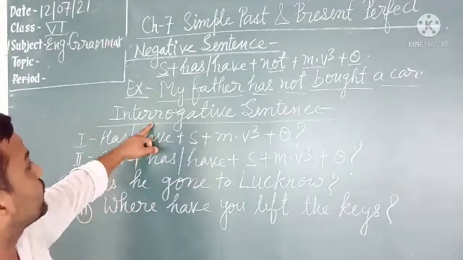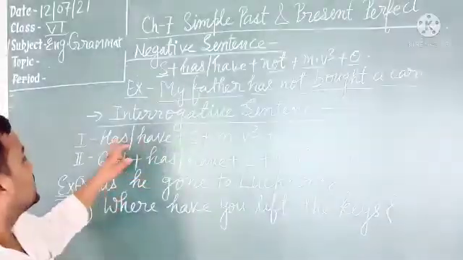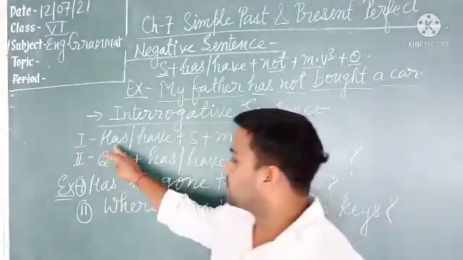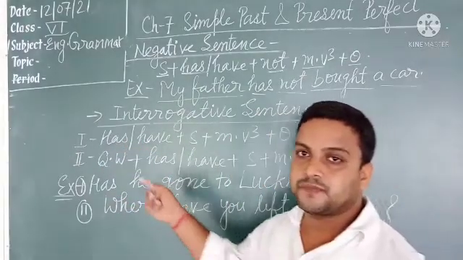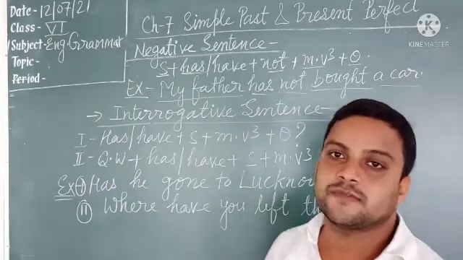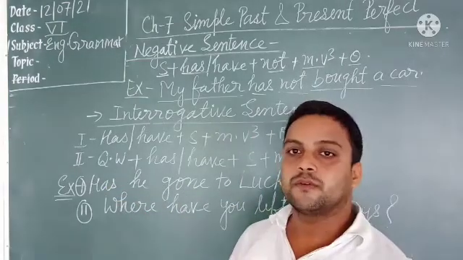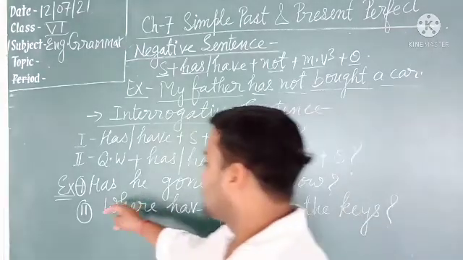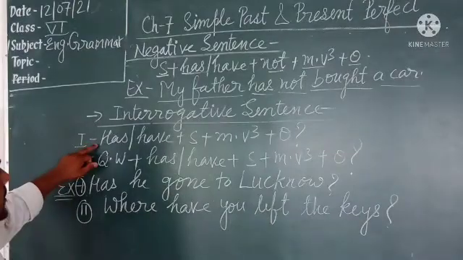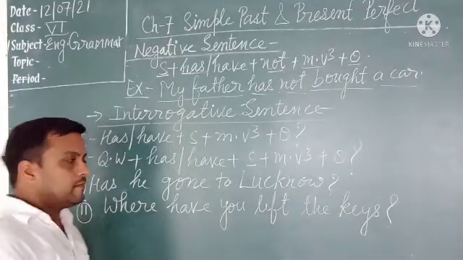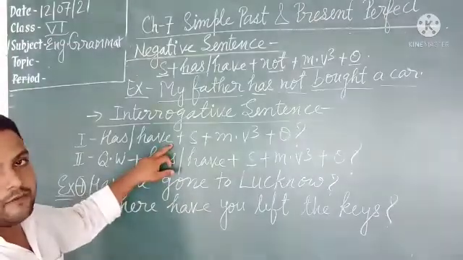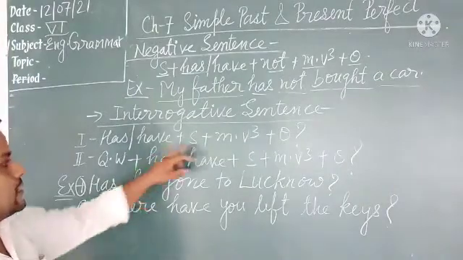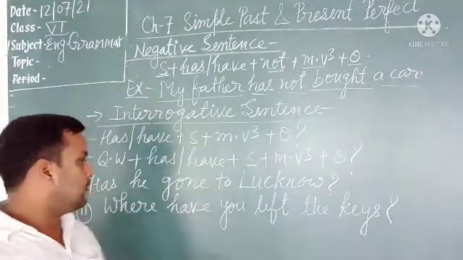Students, now see the interrogative sentences. I have told you that there are two types of interrogative sentences. First one, which we know as yes-no type sentence, and second one, the sentence which starts with a question word like when, what, where, whose, whom, how much, how many, how, etc. If the sentence is yes-no type, has or have will be written in the beginning of the sentence, then subject, then main verb third form, and at last object.